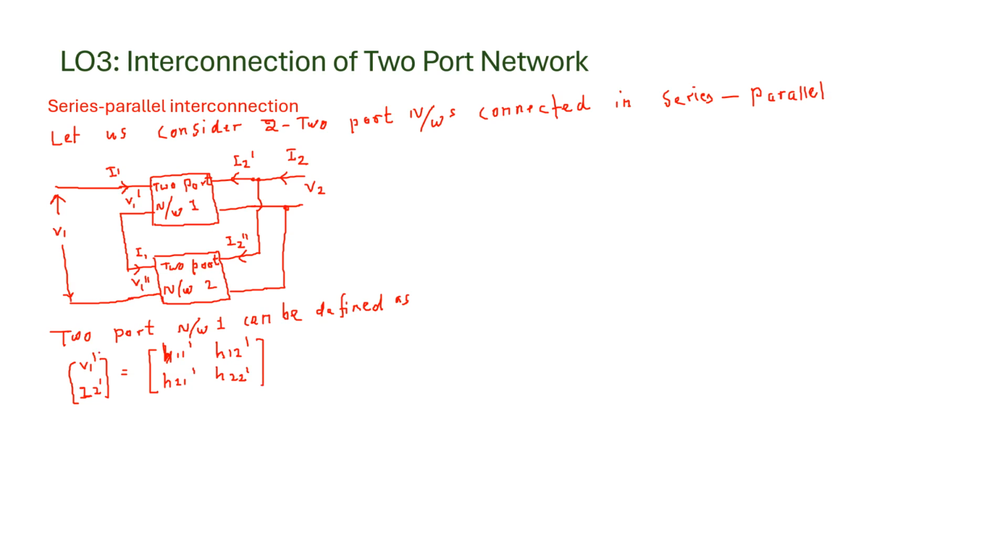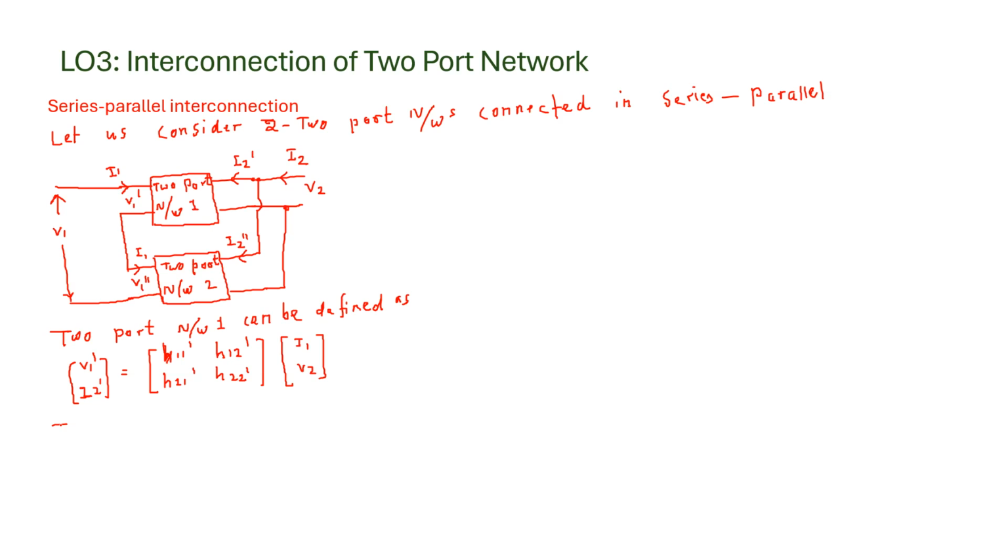I'm modeling, so you can write more specifically like the two-port network can be defined in H parameter as. So I'm writing implicitly over here. Here it is I1 and here it is the voltage V2.